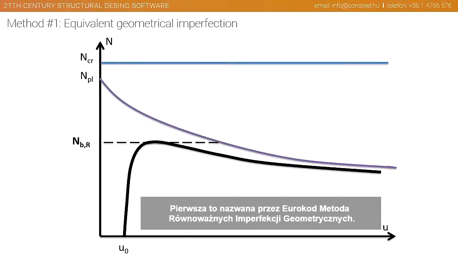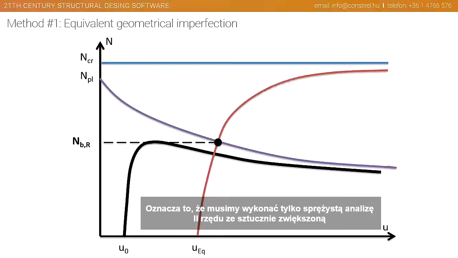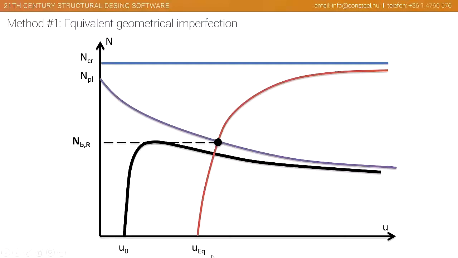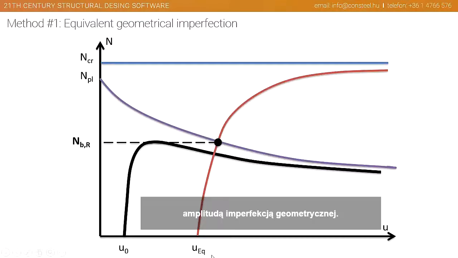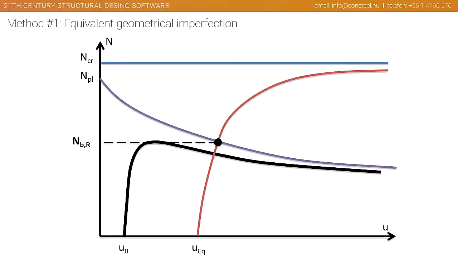What does it mean? This means that we have to calculate only a second order elastic analysis. We have to perform a second order elastic analysis using an artificially augmented amplitude for the geometrical imperfection.